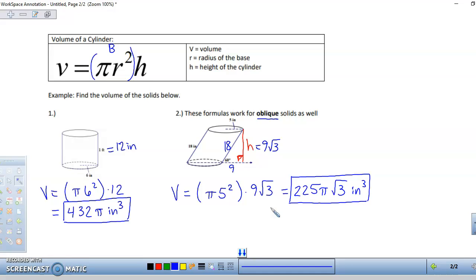But in 10.2, yeah, so on page 532, it goes through a little bit of an explanation of that. So you can look through an explanation of this on page 532 if you are interested. Otherwise, just realize you're always using that perpendicular height.